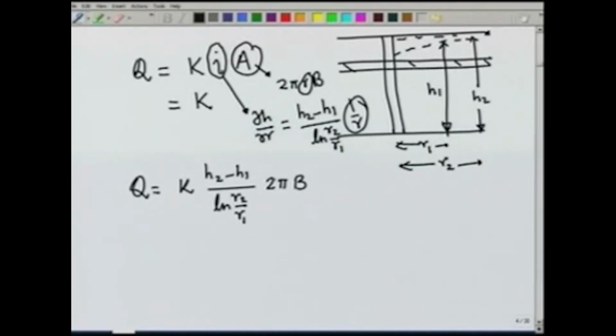Now, KB, as we know, K and B can be combined as the transmissivity. So, we get a simple expression for Q.